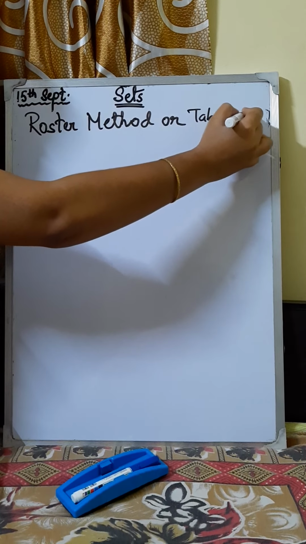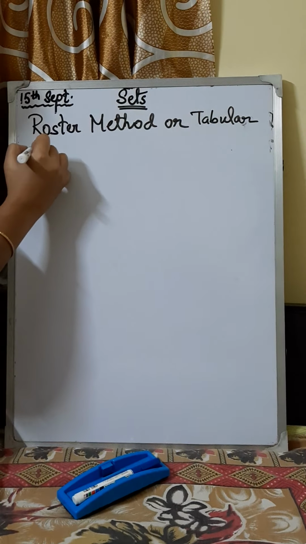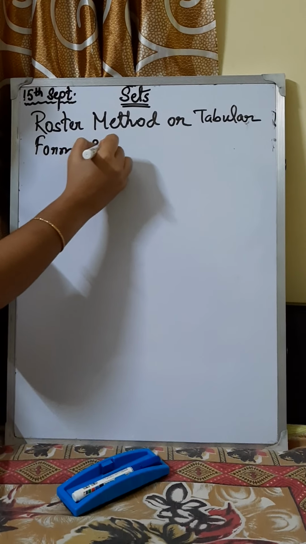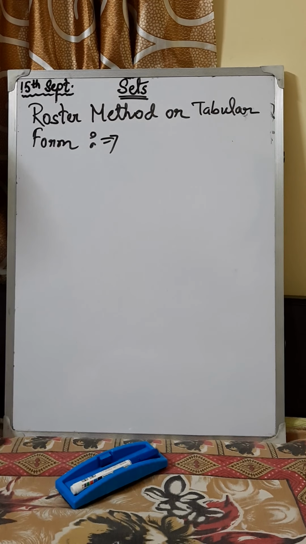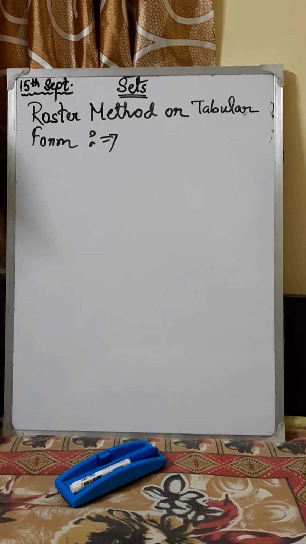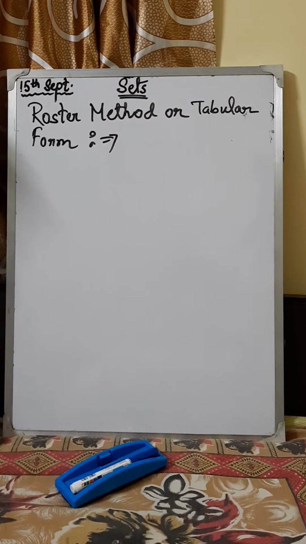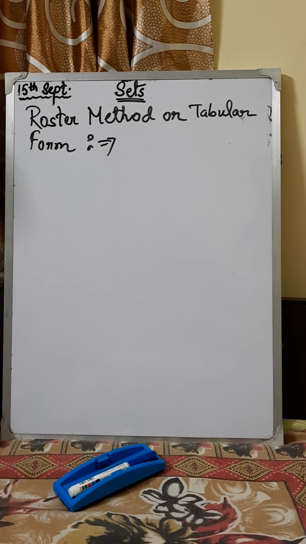Under this method, we just make a list of the members of the set and put them within brackets. Take an example.